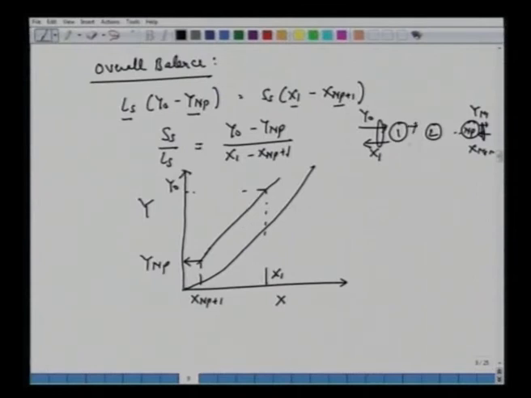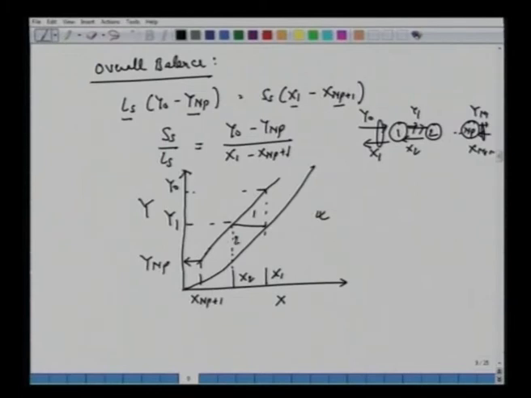We assume that x1 is in equilibrium with y1, so go to this x1, you have this now y1. Once we know y1, then from the operating line we can get x2. So this is x2.